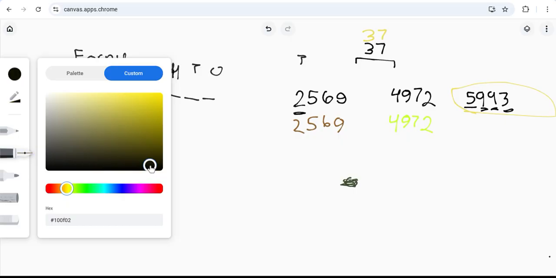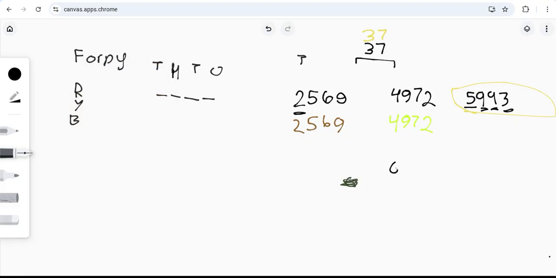So now for practice, I want you to try these 2 examples. For the next one, we'll just do 4, 8, 7, 3.